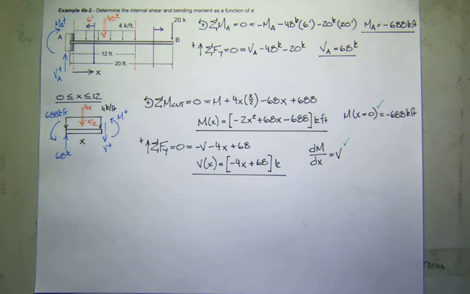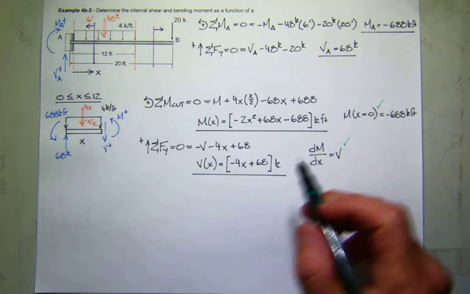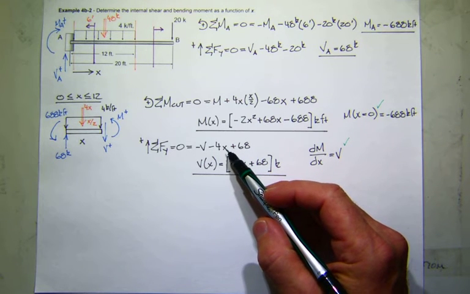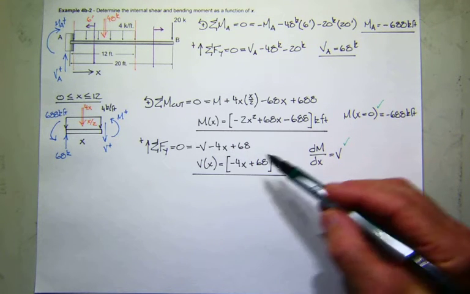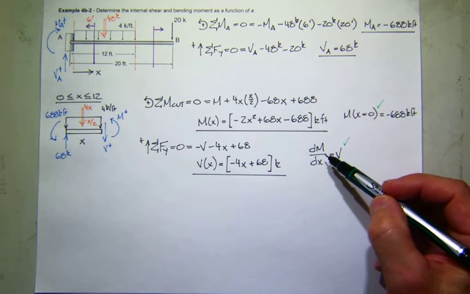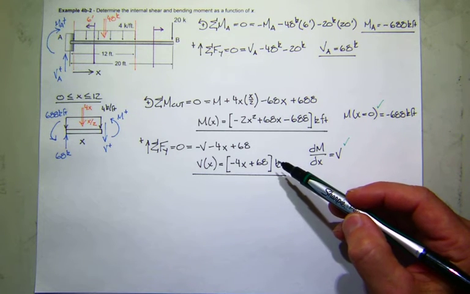You have a question, Mr. White? For like second time on the test, we feel really comfortable after we find the moment and just take the derivative. You could. You wouldn't count on it. No, but I would if you got the moment wrong. Right. So it's kind of like you're doubling down that you got your moment right. I would suggest that you do this because it's not that much effort, and then when you get this relationship valid, that should make you feel good.